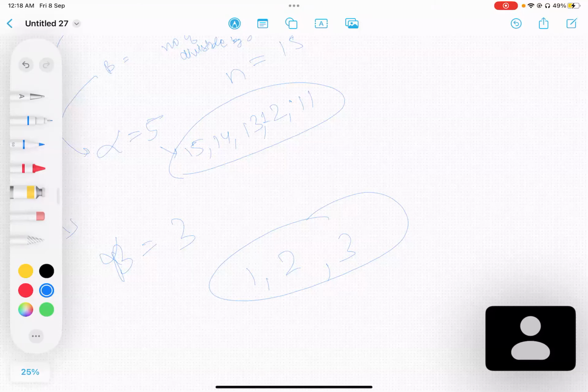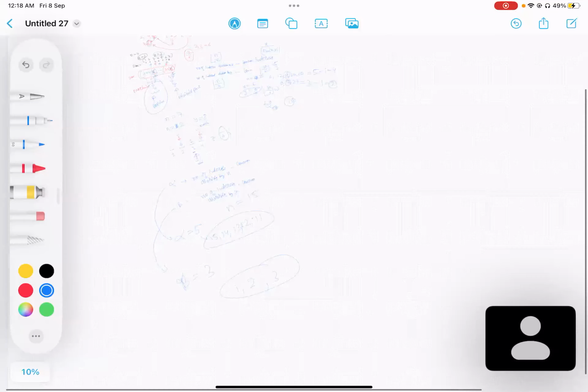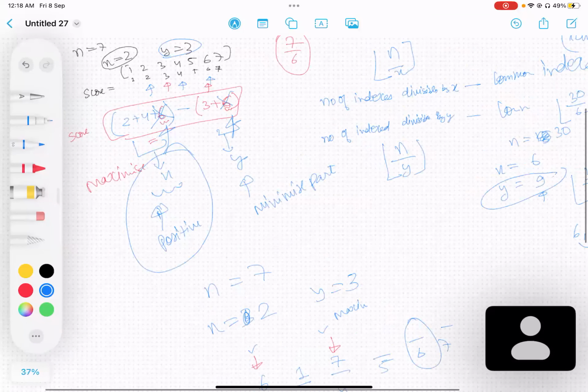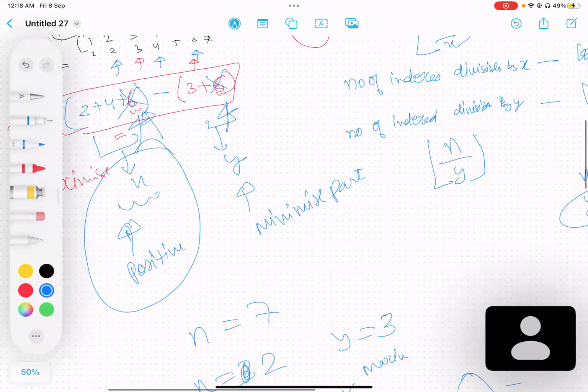And therefore, the common part can be anything, right? Because what will happen with the common part is it will be included here also and included here also, right? So it will get cancelled, so why do we care for it? Are you getting the point? That's why I'm saying let it be anything, because whatever will contribute to the answer will be the non-common parts only, and not the common part.